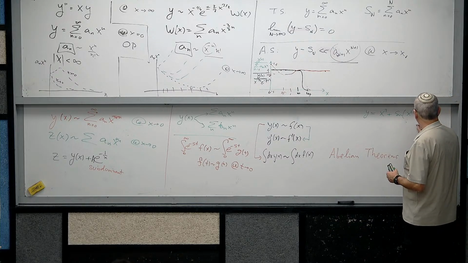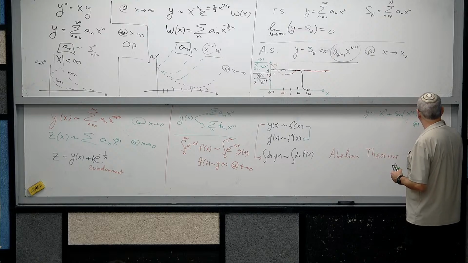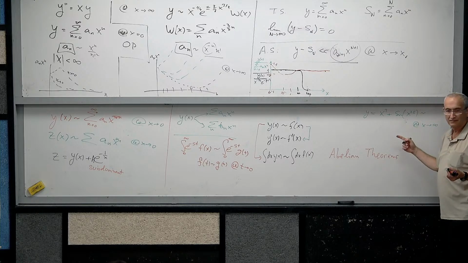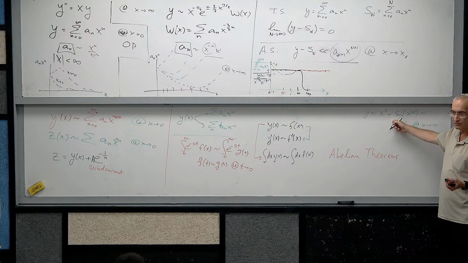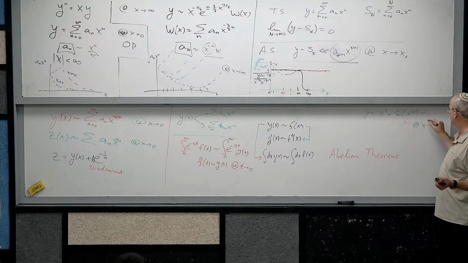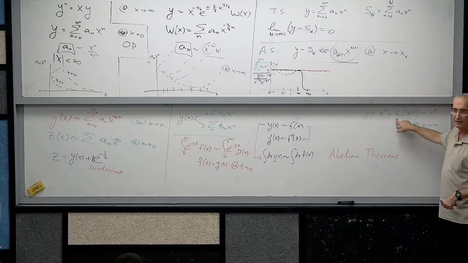Clearly, as x goes to infinity, this function is asymptotic to x squared, because x squared divided by this goes to 1 as x goes to infinity. Perfect?